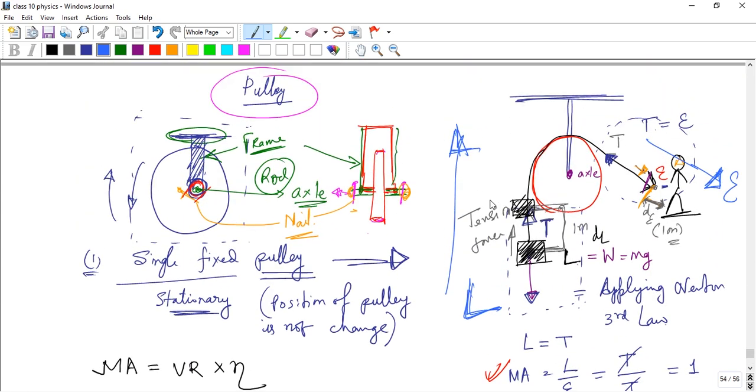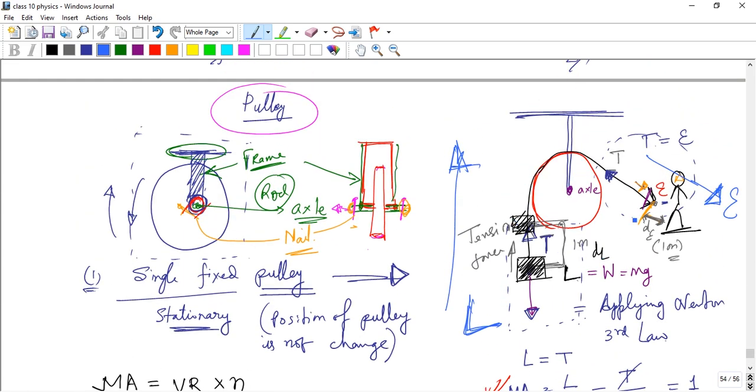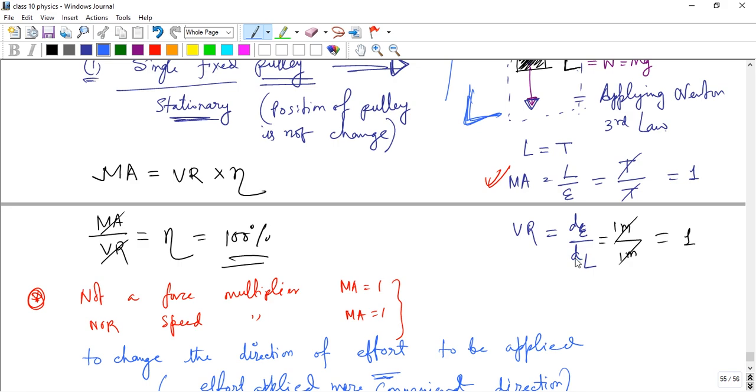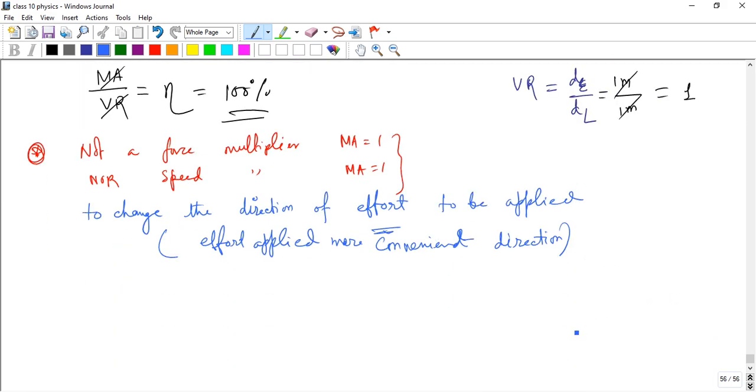Here we see that the pulley is fixed, its position is not changed. The wheel does not go upward or downward. But in this case, the pulley is moving. A single movable pulley.